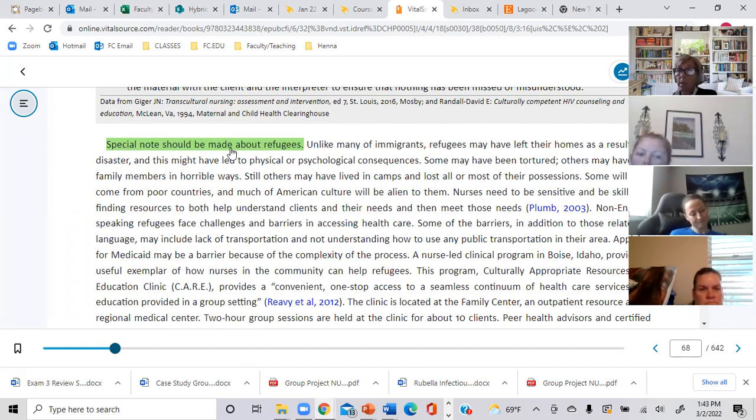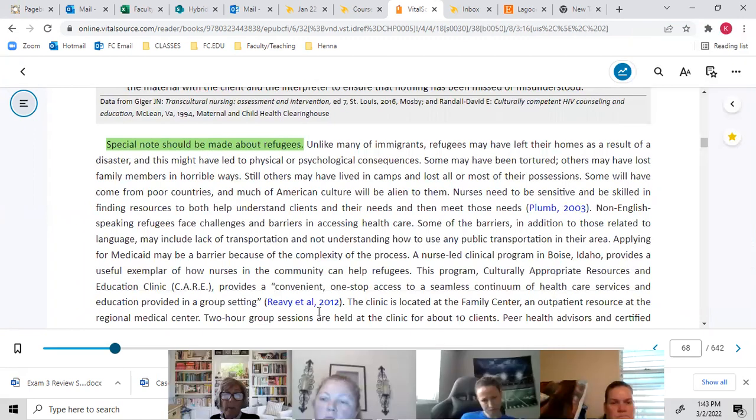Okay, the thing you need to know about refugees and the significant difference is, think of where they came from. They may have left their homes as a result of disaster, or war might have led to physical and psychological consequences. Many have been tortured. Others may have lost family members in horrible ways.